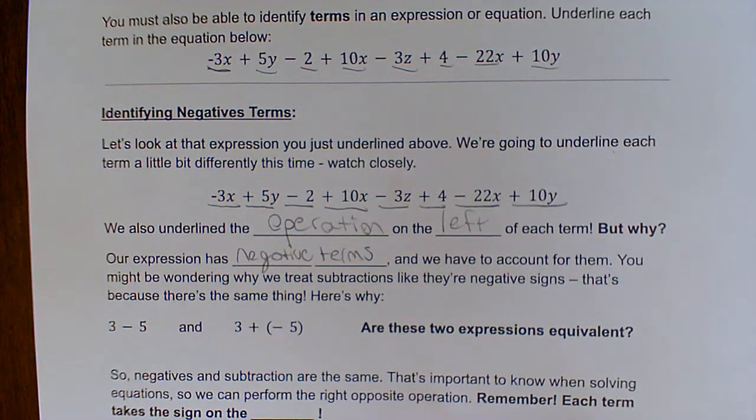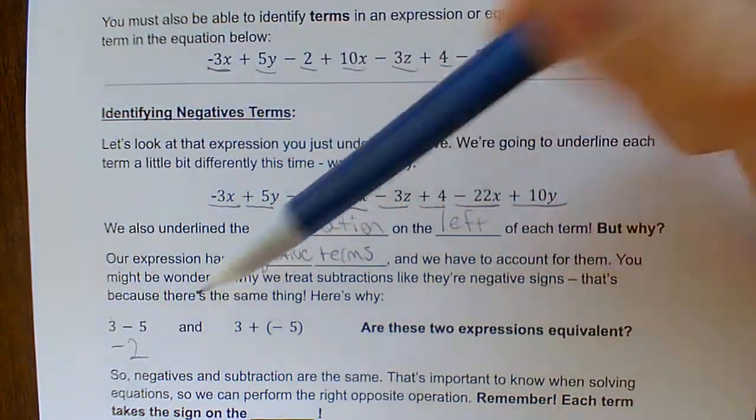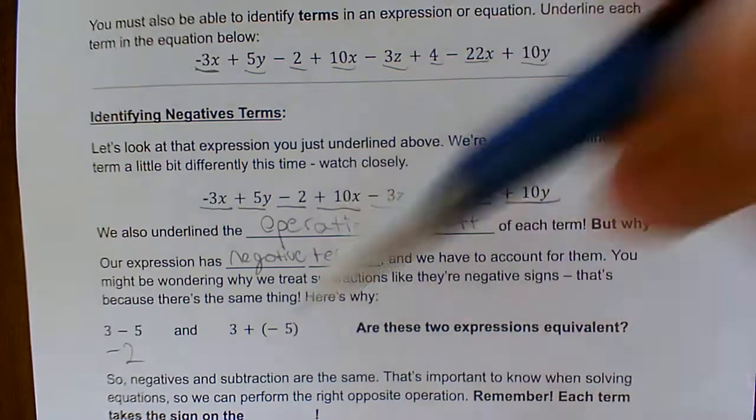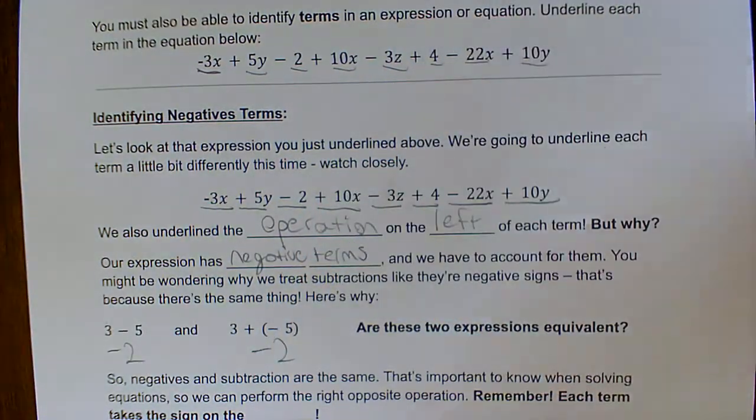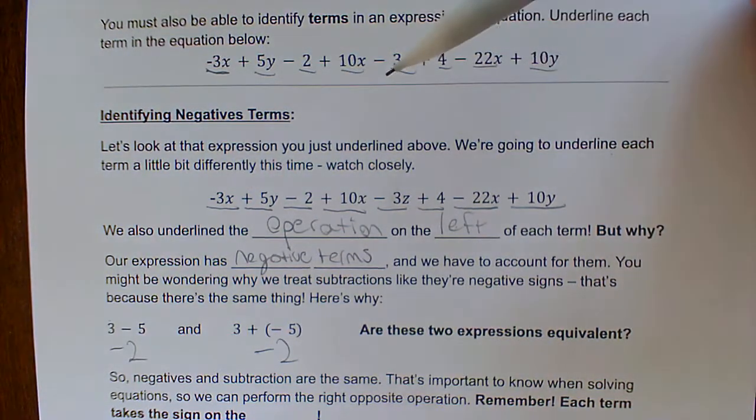You might be wondering why we treat subtractions like they're negative signs. That's because they're the same thing. Here's why. So, I have 3 minus 5 is negative 2. And I have 3 plus negative 5 is also negative 2. That means when I have something like negative 3x, this is a positive 5y.